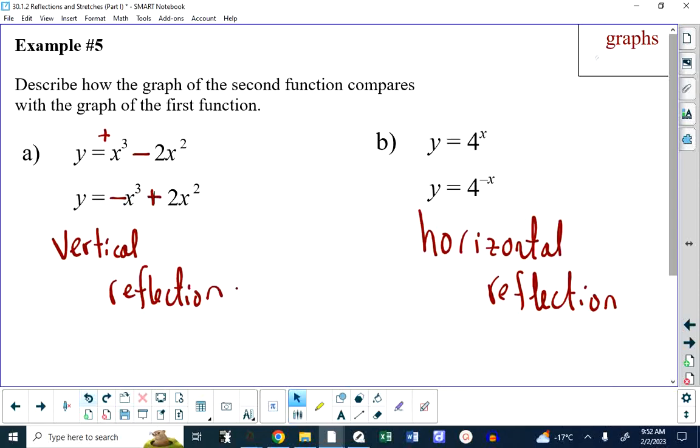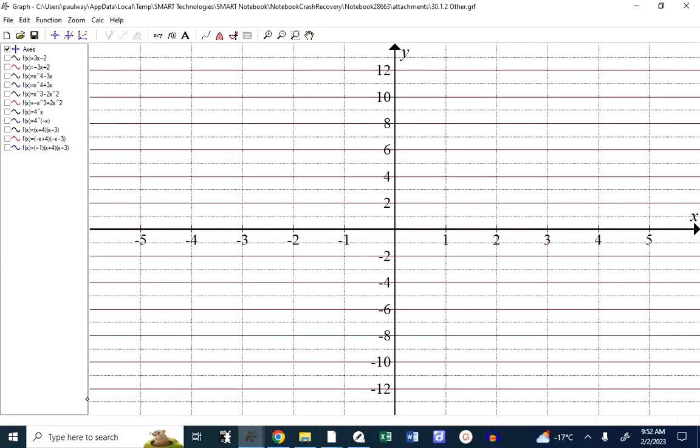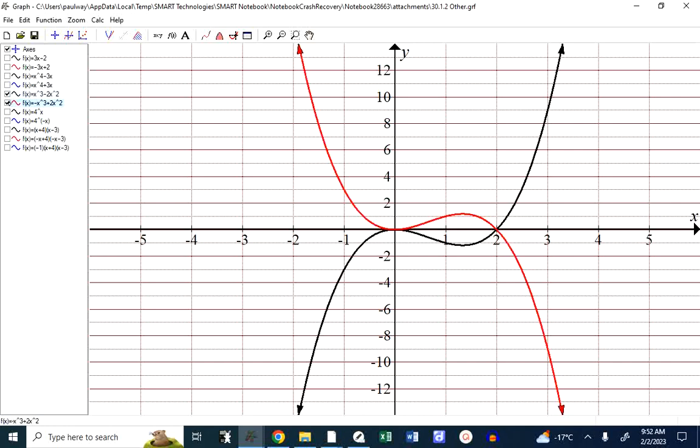Just to show you the graphs, there's the original graph in A. Here is the equation. I don't have the legend up there so you can see, but I'm not hiding anything from you. I've typed in the functions that are given in question 4. Definitely a vertical reflection.